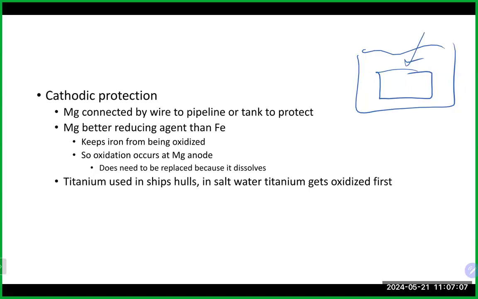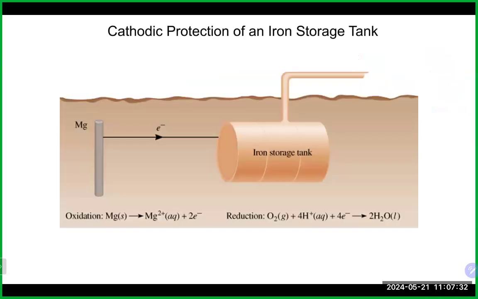But magnesium is a better reducing agent than iron, and reducing agents are things that get oxidized. So since magnesium is a better reducing agent than iron, it is the magnesium that goes through the oxidation. Again, the iron will act more like the cathode in that situation and not go through oxidation. Titanium's used in ship hulls to prevent sort of saltwater damage.